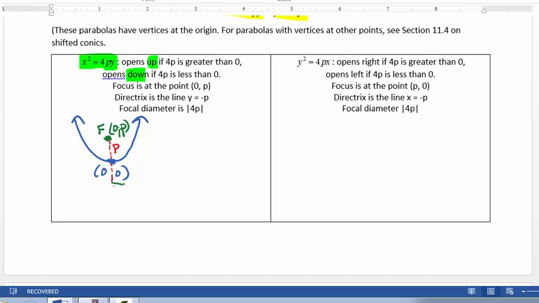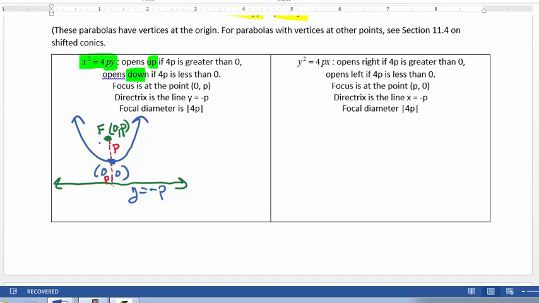And this horizontal line is going to be your directrix. Since this distance is also p, this is a horizontal line that is p units below the origin. So the equation of this is going to be y equals negative p. So this would be a parabola that opens up.